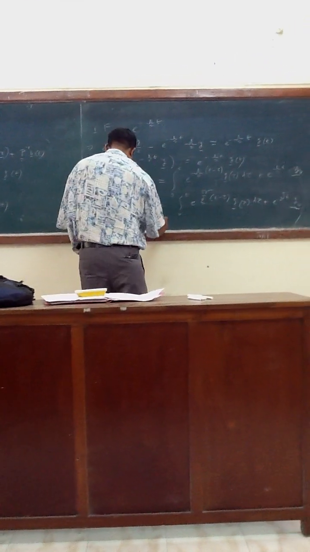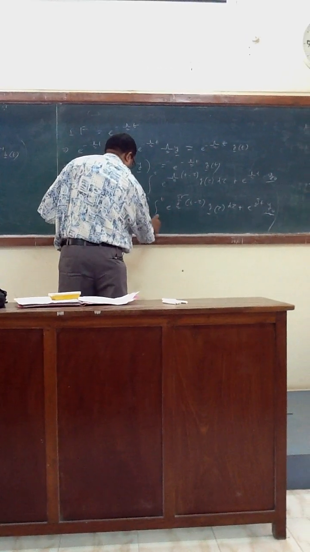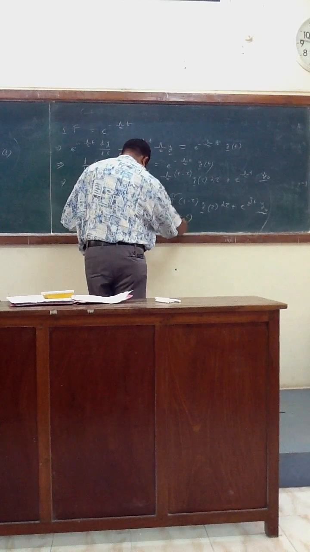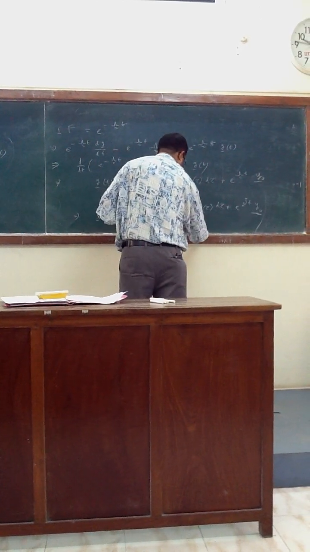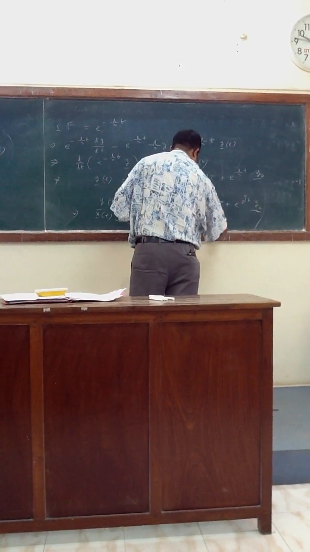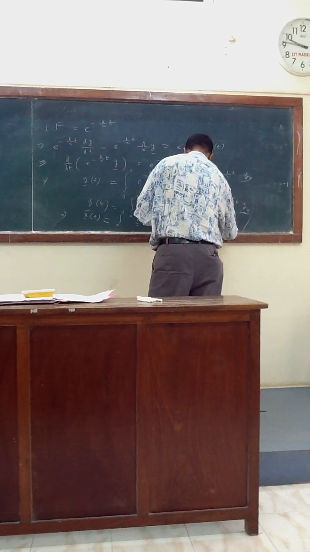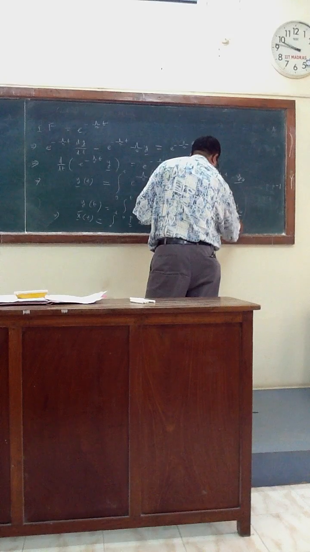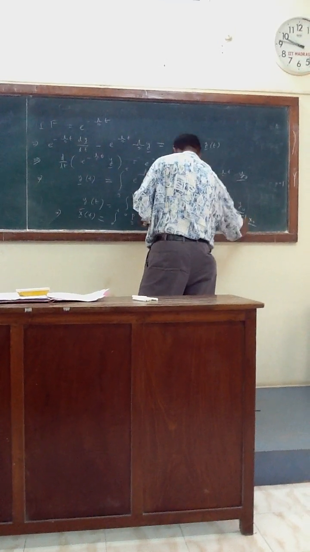So we get the integral from 0 to t of P e to the power J(t minus tau) g(tau) d tau, plus P e to the power Jt P inverse x 0.